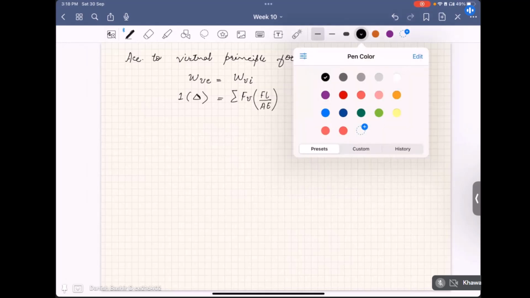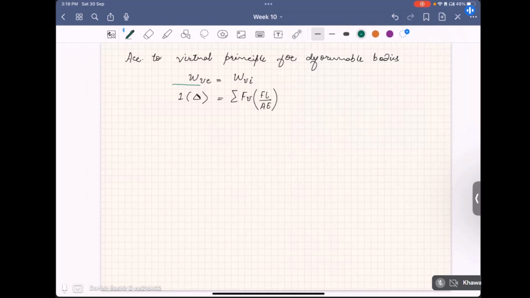So if you carefully look at this equation, you will note that on the left hand side of this equation there is only one unknown, that is delta. 1 into delta, that's actually delta. So how cleverly and smartly we computed delta at our desired point using this virtual work method.